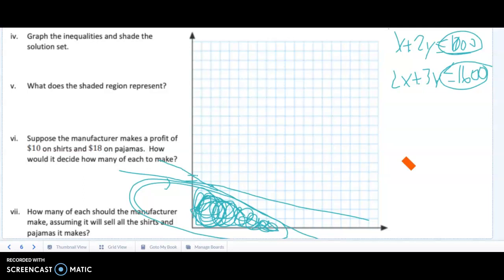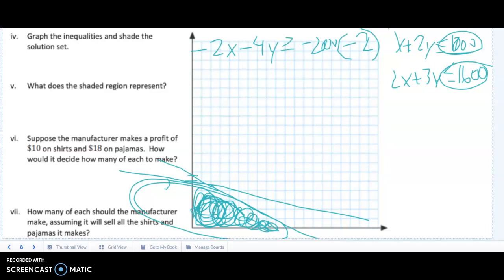If I was to multiply through by -2 for everything, okay, I would have negative 2x minus 4y less than or equal to negative 2,000. But since I multiplied through by a negative, I've got to flip my sign. Okay? Doesn't really matter right here.